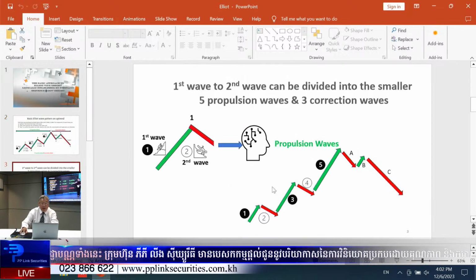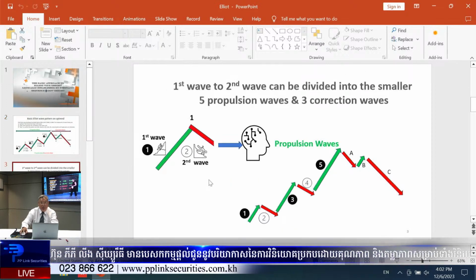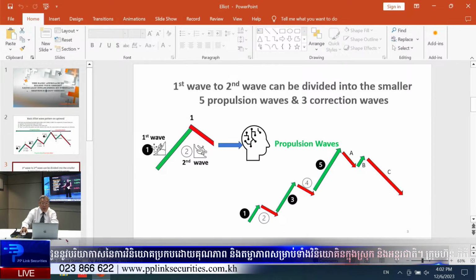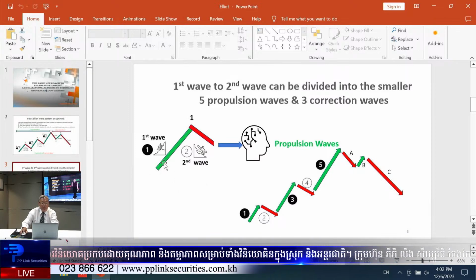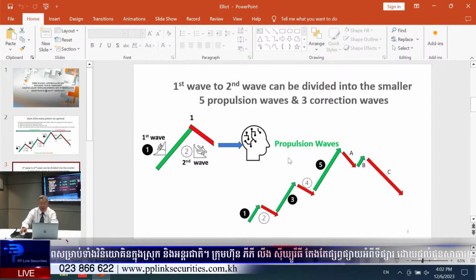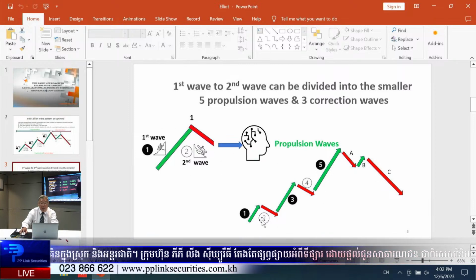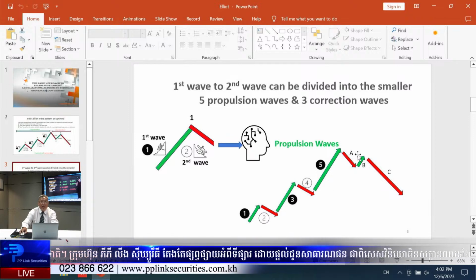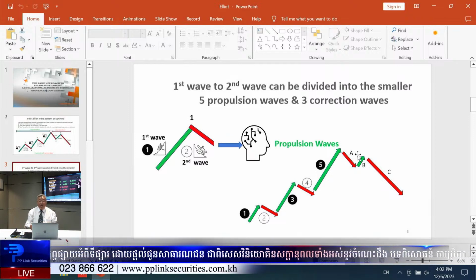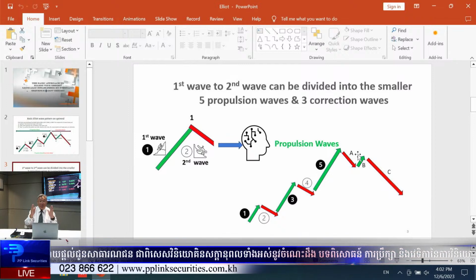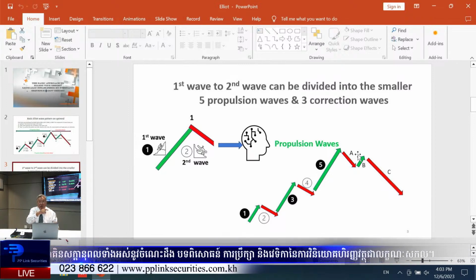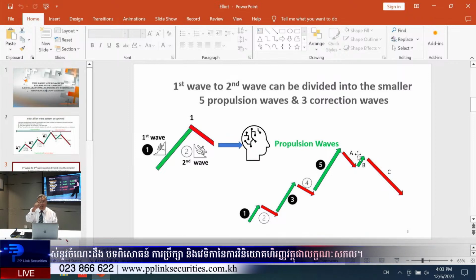And also, I would like to repeat again, even the period of wave 1 to wave 2, this one small cycle can be divided again into 1, 2, 3, 4, 5. Because you see, when you watch the chart, during the period of wave 1, 2, this is not a straight line like this, going up and down.